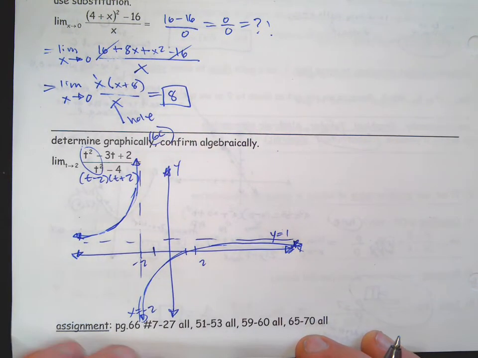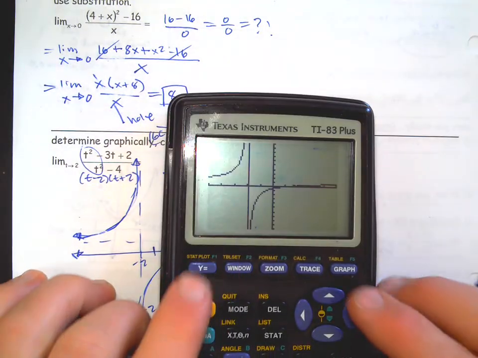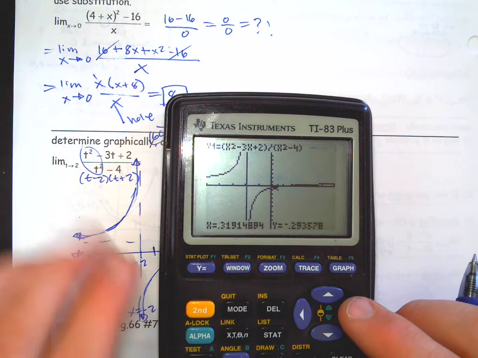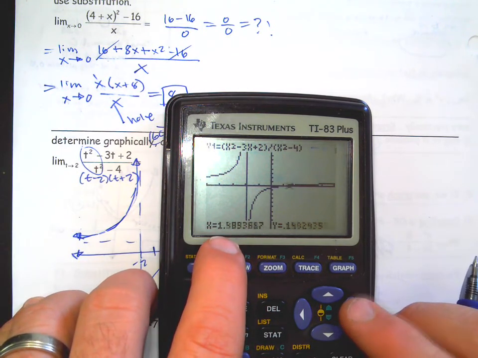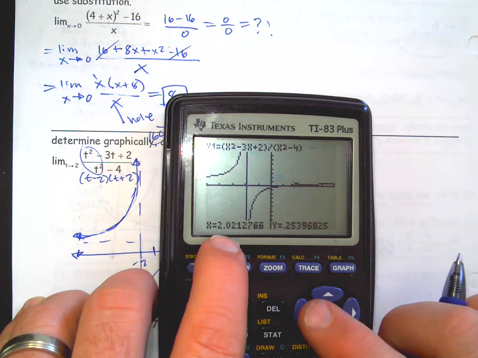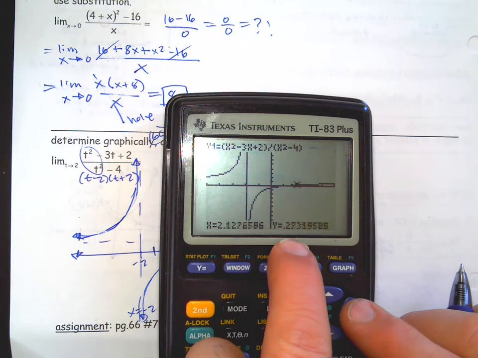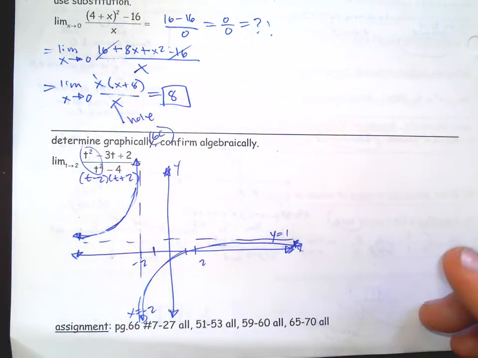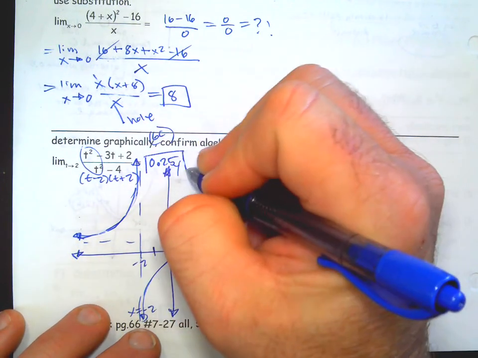Now, if we were to use the graph, let's do the trace button and get really close to x equals 2. Y looks like it's going towards maybe 0.25, and it's got to be true from both sides. I would guess it's like 0.25 just by kind of looking at the graph, right?